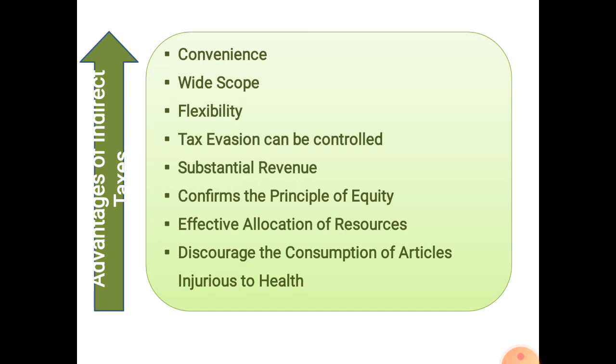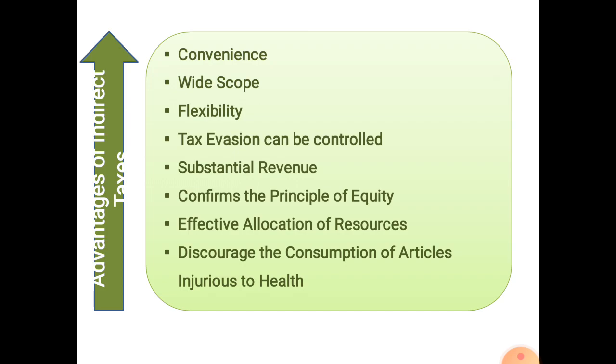Flexibility. Indirect taxes are more flexible. Whenever the government wants to raise its revenue or lower it, it can be achieved by increasing or decreasing the rate of tax on the commodities whose demand is inelastic. Tax evasion.